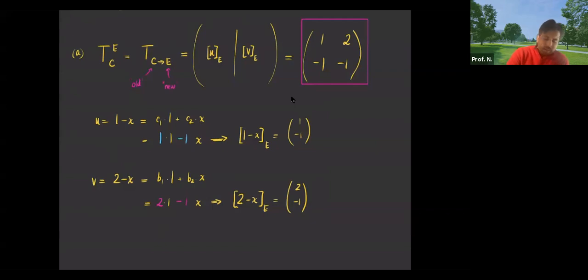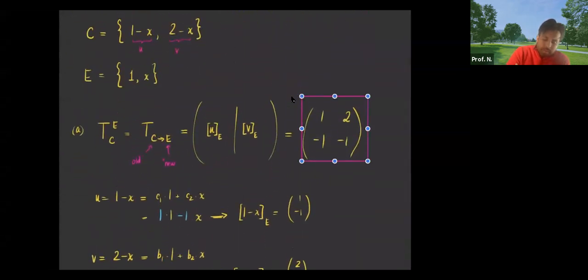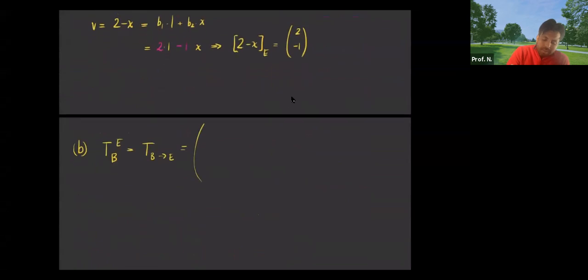And hopefully you see that B is the same idea, right? What is B? It's the transition matrix from B to E. This is the old to the new. What's the old basis? 6 plus x. But I want this to be relative to the new.